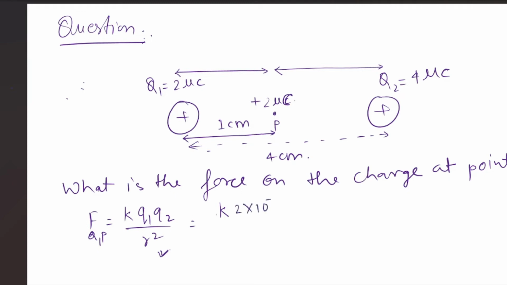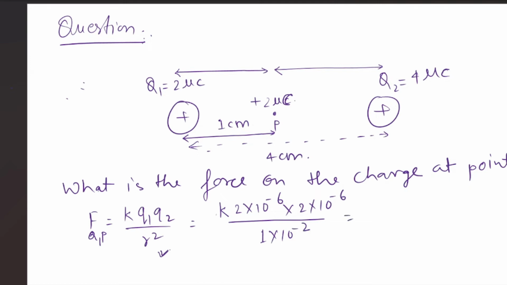So 2 into 10 power minus 6, micro represents minus 6, into 2 into 10 power minus 6, divided by our distance, which is 1 centimeter. It means 1 into 10 power minus 2 meter. So I have converted it.